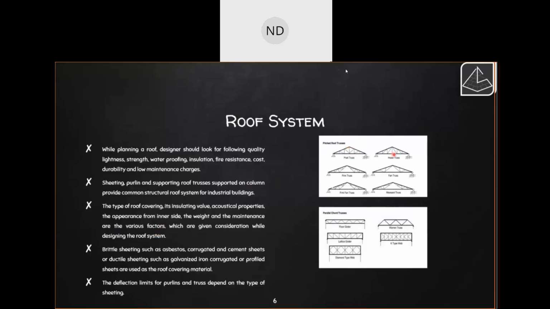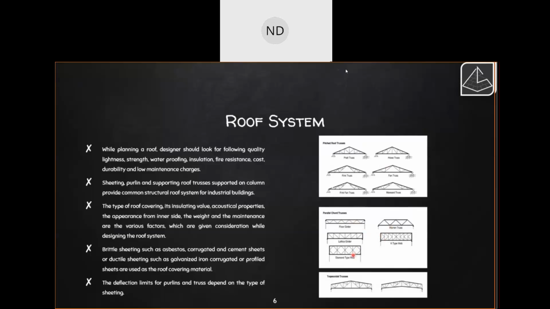So we have different types of roofs, like pitched roof trusses. These are inclined members supported at either end with a connecting structural member in between. Then we have parallel chord trusses, where the bottom and top chords are connected to each other.